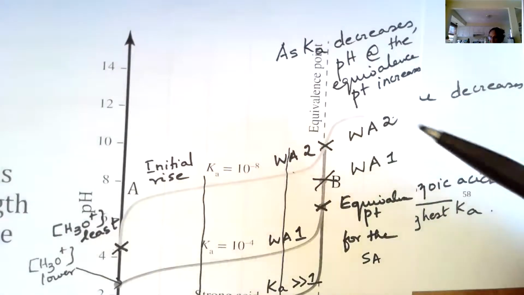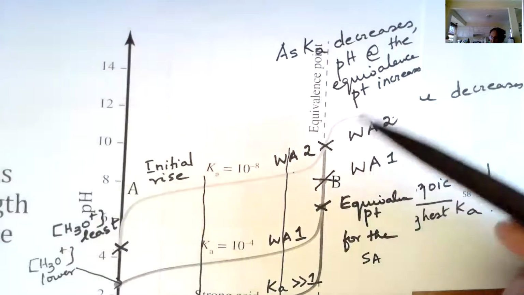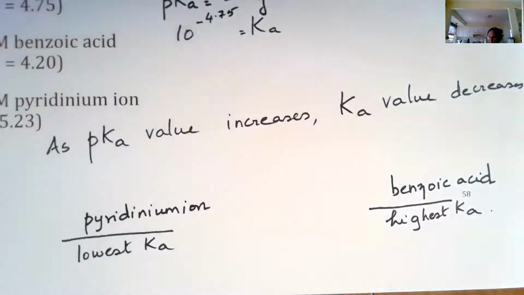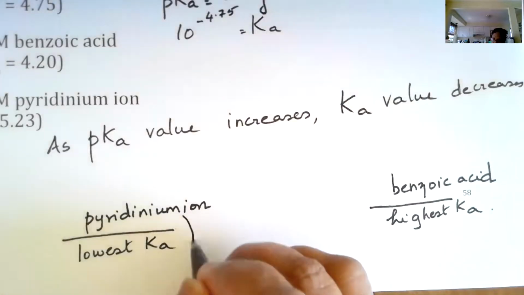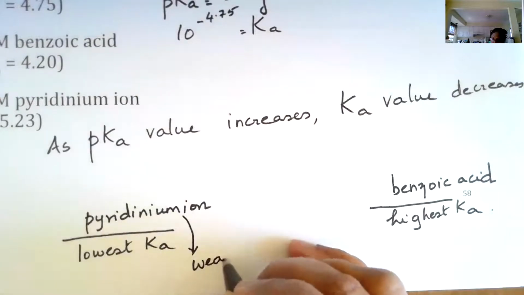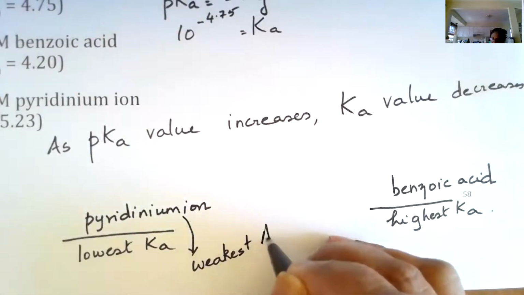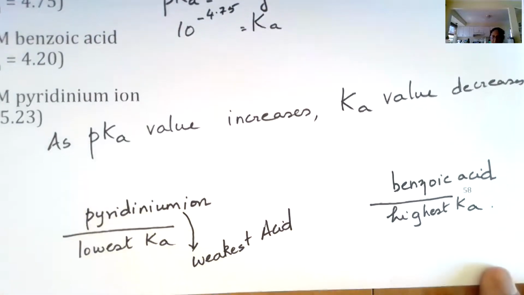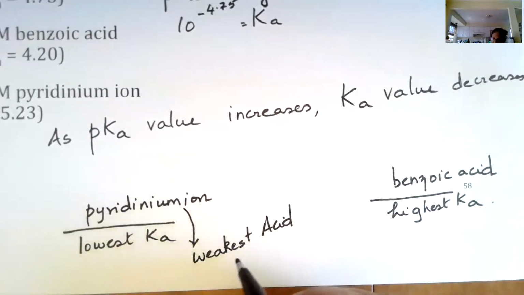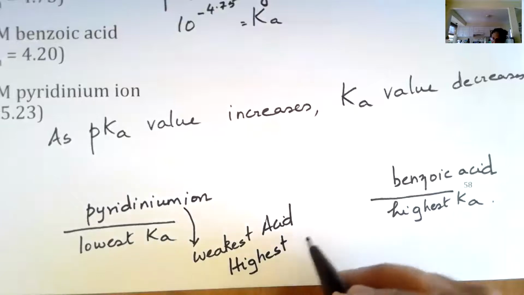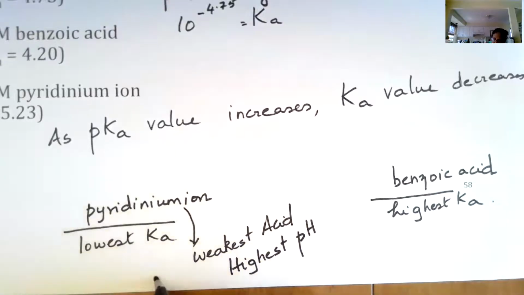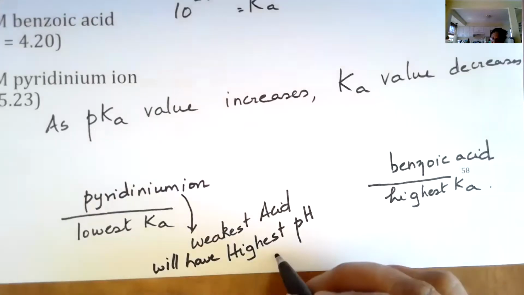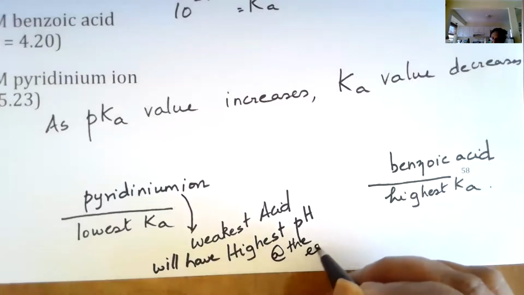The weakest acid will have the highest pH at the equivalence point. So which is the weakest acid here? This is the weakest, and so this will have the highest pH at the equivalence point.